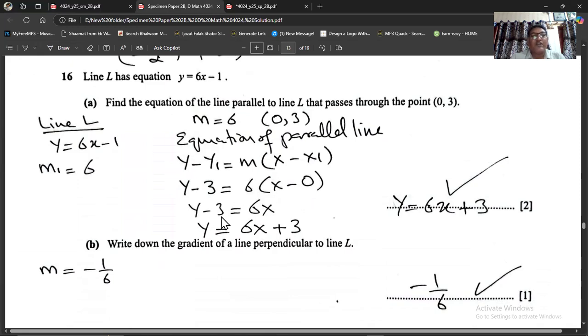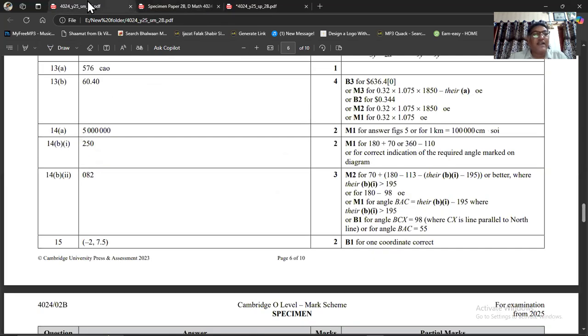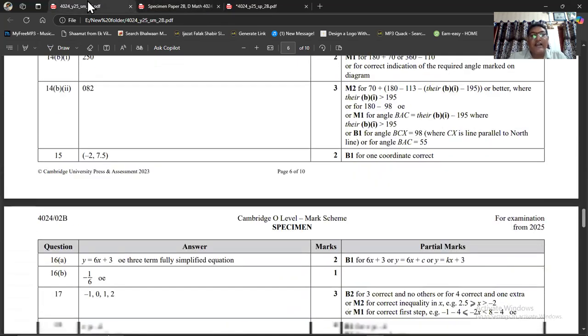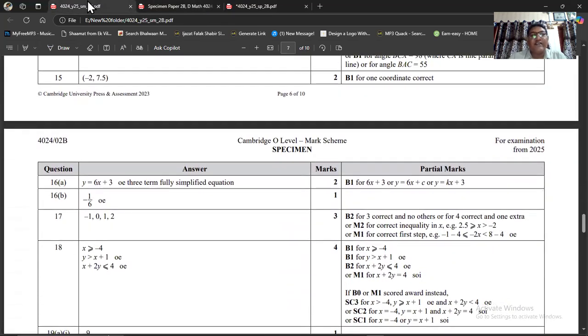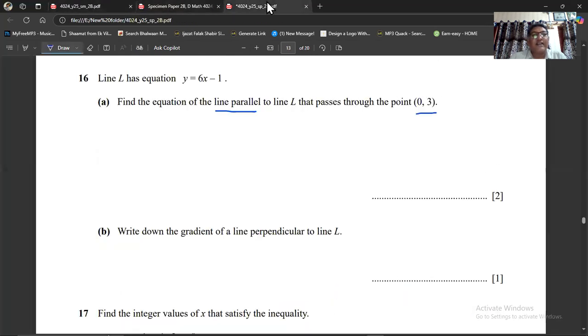So y minus 3 equals 6x minus 0, so y minus 3 equals 6x. y equals 6x plus 3. So the equation of that parallel line is y equals 6x plus 3, which is the right answer.